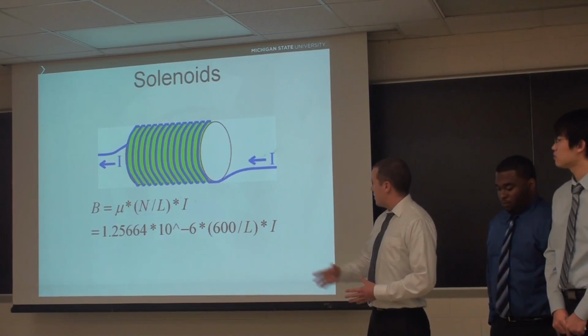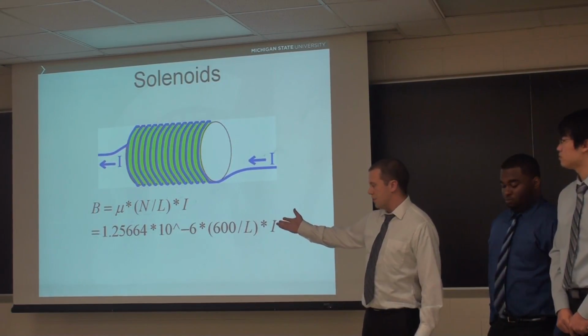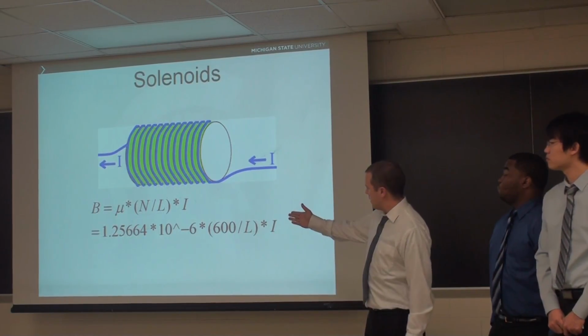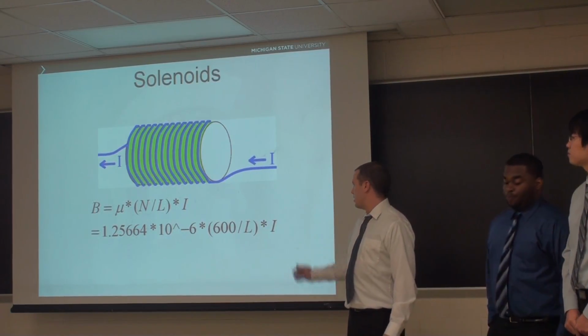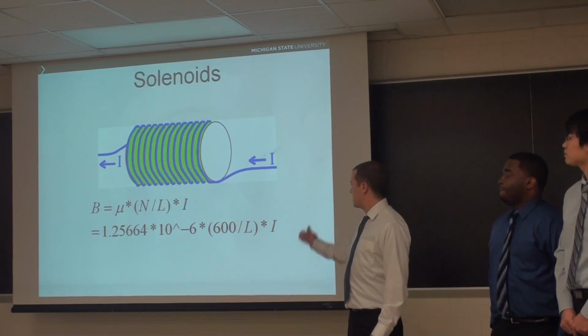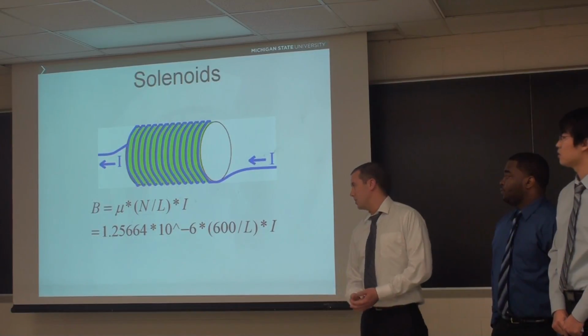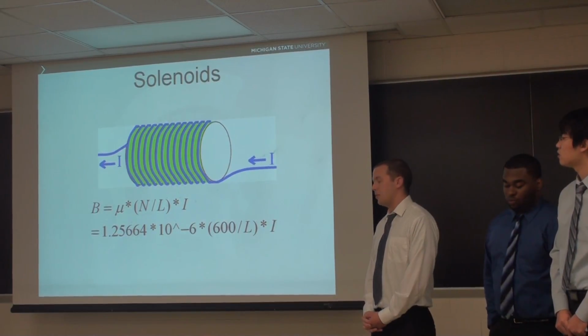Specifically for a solenoid, the magnetic field B, which would go into the other equation there, is just the number of windings over the length times the current that we'll be sending through it. And that is an equation that we needed to utilize to complete our project.